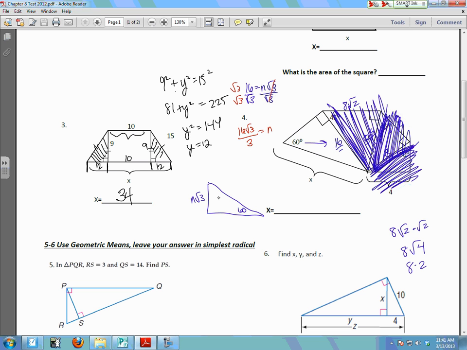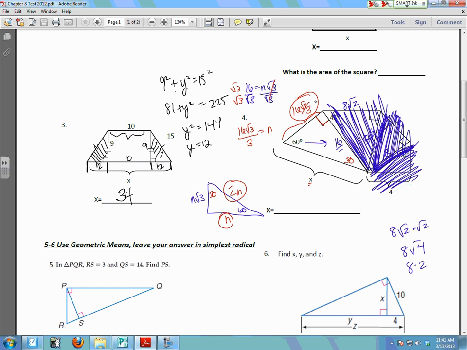Okay, and if we think about our template, n is always across from 30. So now, this would be 30 here. This side right here is going to be 16 radical 3 over 3. Across from the 90 then, which is this x here, is my 2n side. So I take whatever this number was here, n, and I double it.